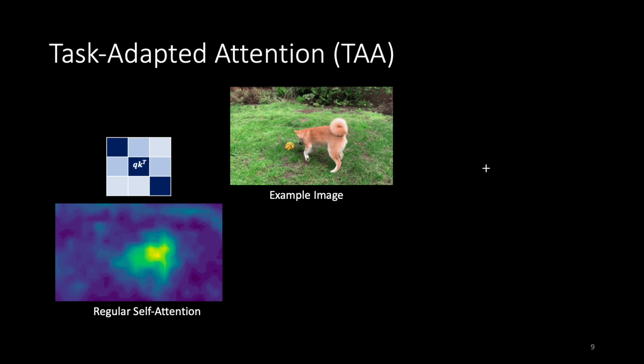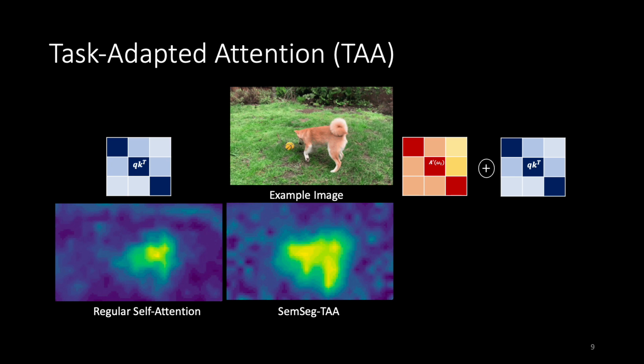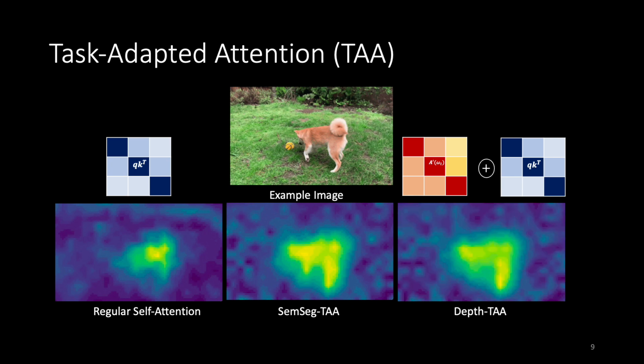In contrast, our task-adapted attention mechanism leverages the task affinities as well as representations from TRUTHER and combines them with the image feature seen in blue. And this gives us the task-specific attention as seen over here in the form of semantic segmentation TAA. Similarly, this is the depth TAA. We will show that this task-adapted attention ultimately gives better predictions on the respective tasks.